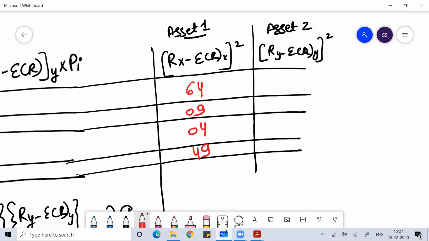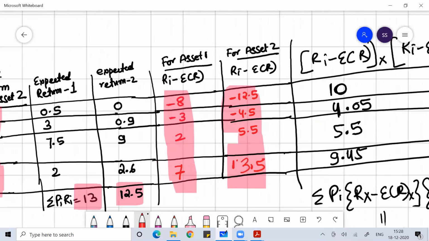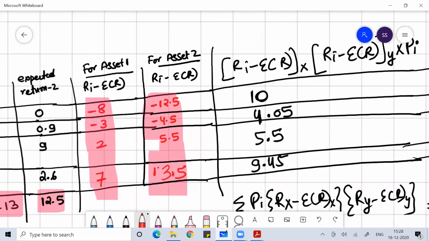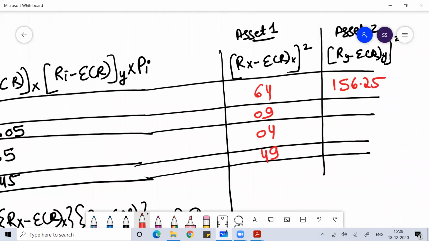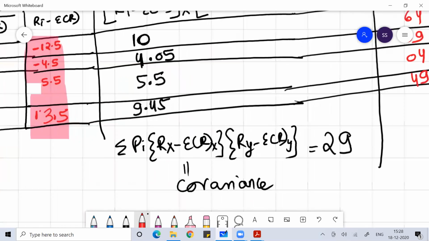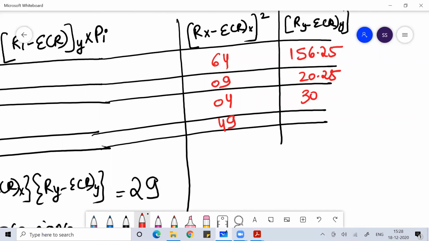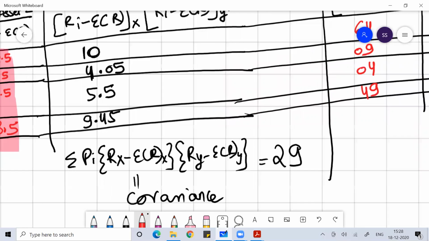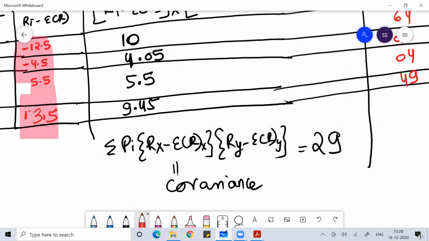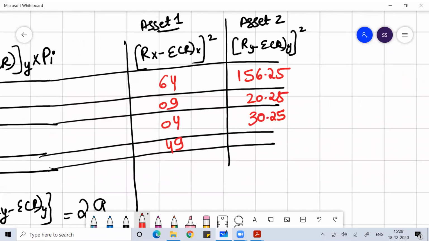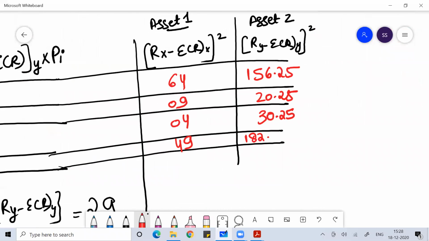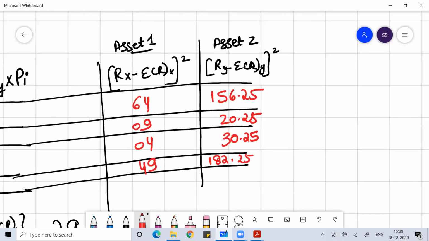Then 4.5 square means 20.25, and then 5.5 square is 30.25, and then 13.5 square is 182.25. Clear, everyone?